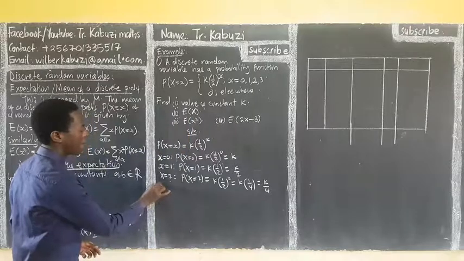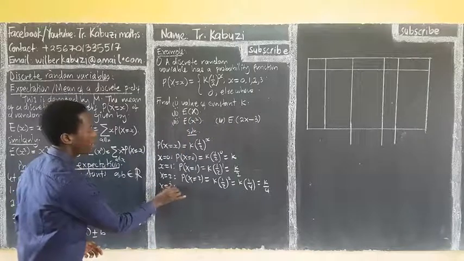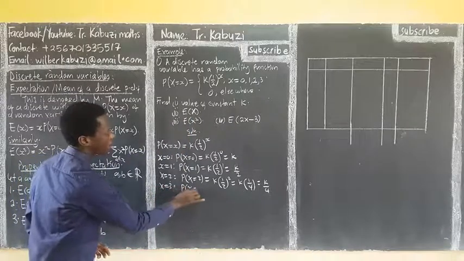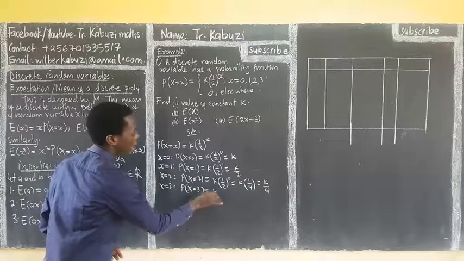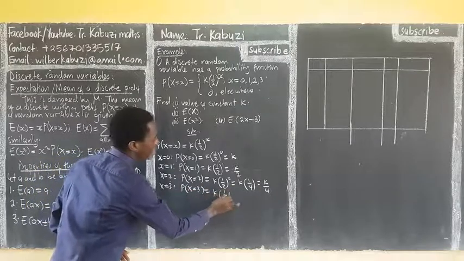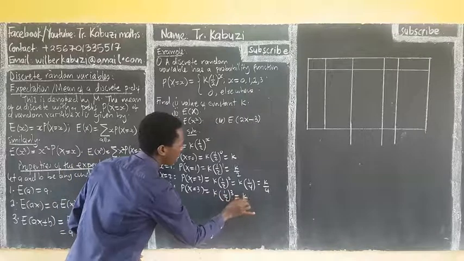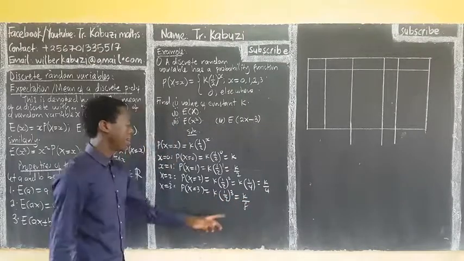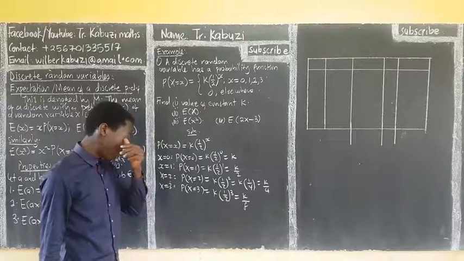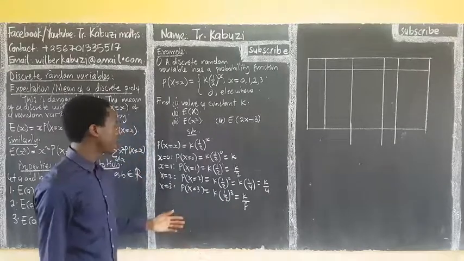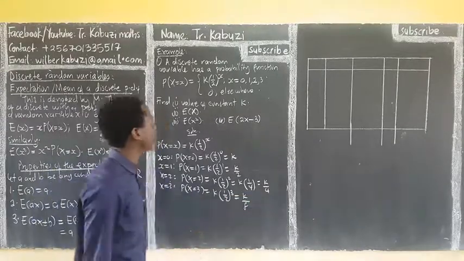Then when x equals 3, P(X=3) is k into 1 over 2 power 3, which will be k over 8, since 2 power 3 is 8. So these are the probabilities. Now we need to find the value of k.